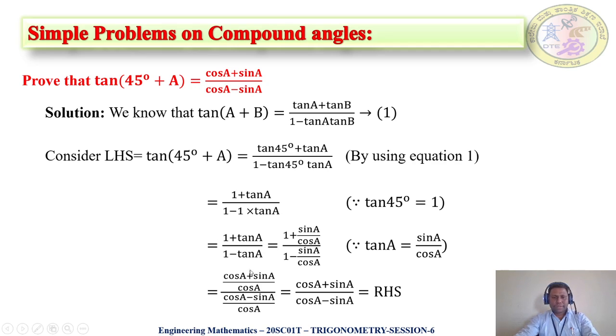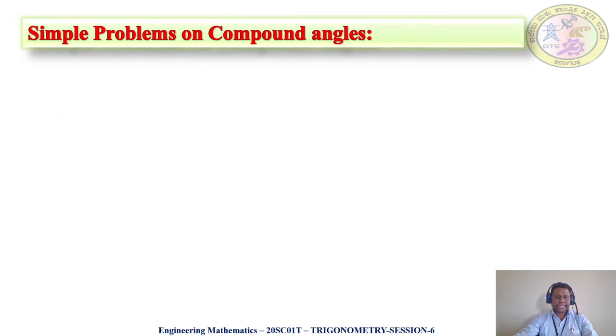So we have proved till this one, tan of 45 degree plus a equal to 1 plus tan a by 1 minus tan a. Here we have to prove cos a plus sin a by cos a minus sin a. That's why we have written tan a in terms of sin a by cos a, take LCM and simplify, we get the required RHS. That is a simple problem that can be asked for 6 marks also.